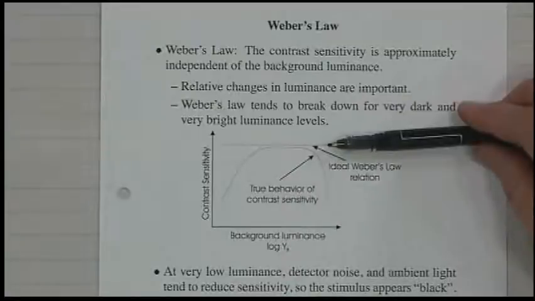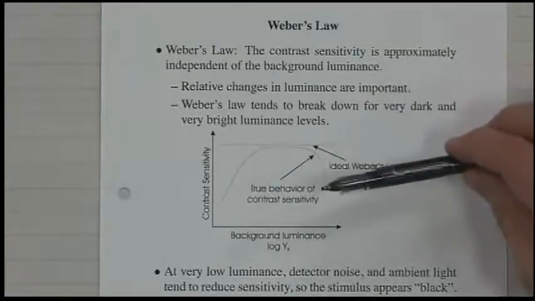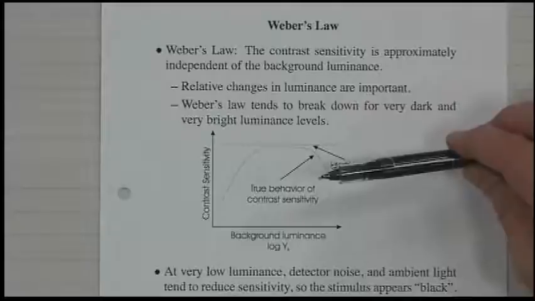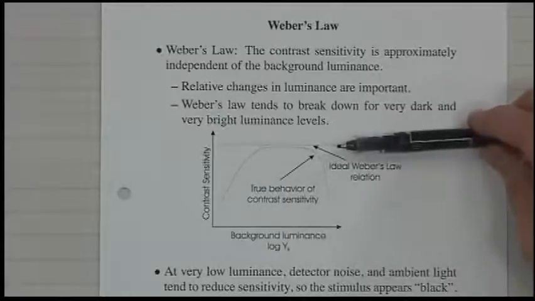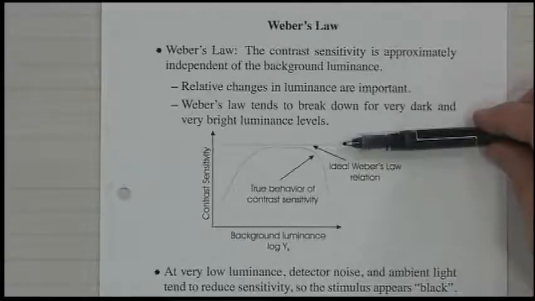Now, in practice, that's not exactly true. What this theoretically says is that if you're sensitive to a 1% change, then you'll be sensitive to a 1% change independently of what the background lighting is. As long as everything scales up proportionately, it's pretty much the same.